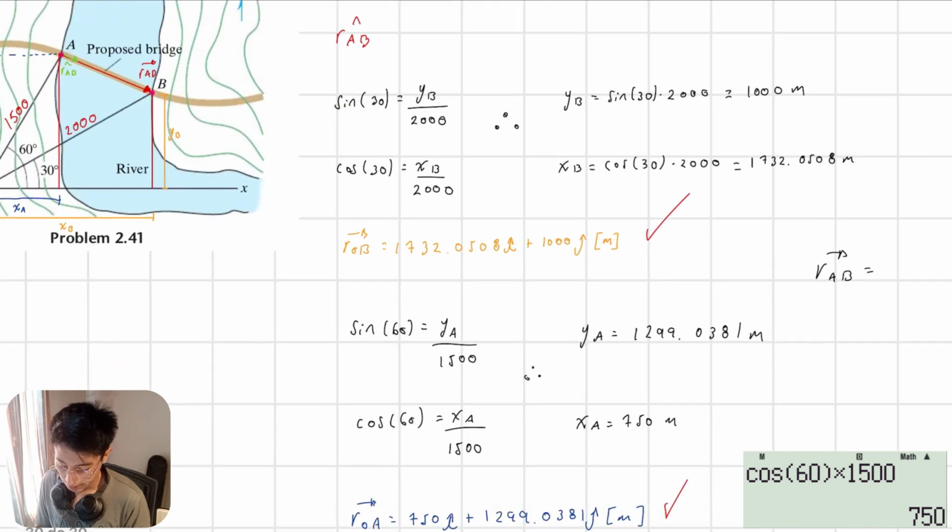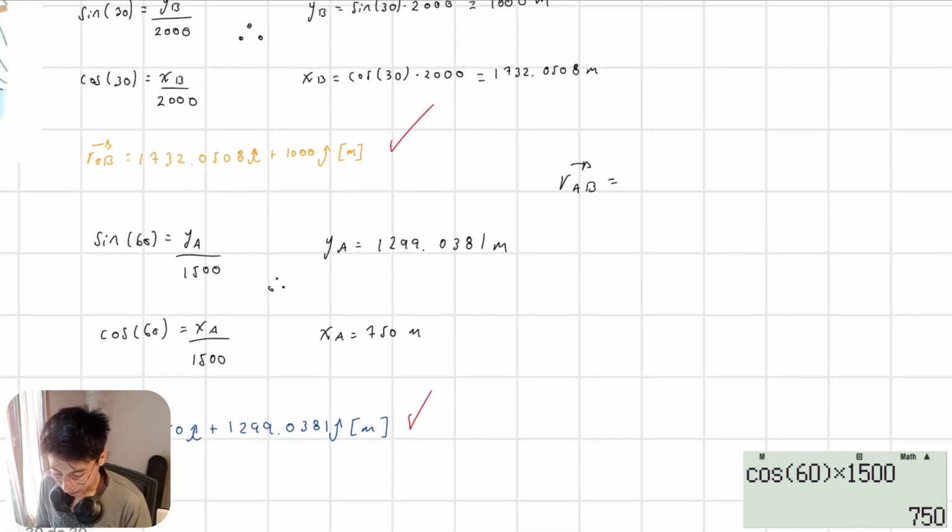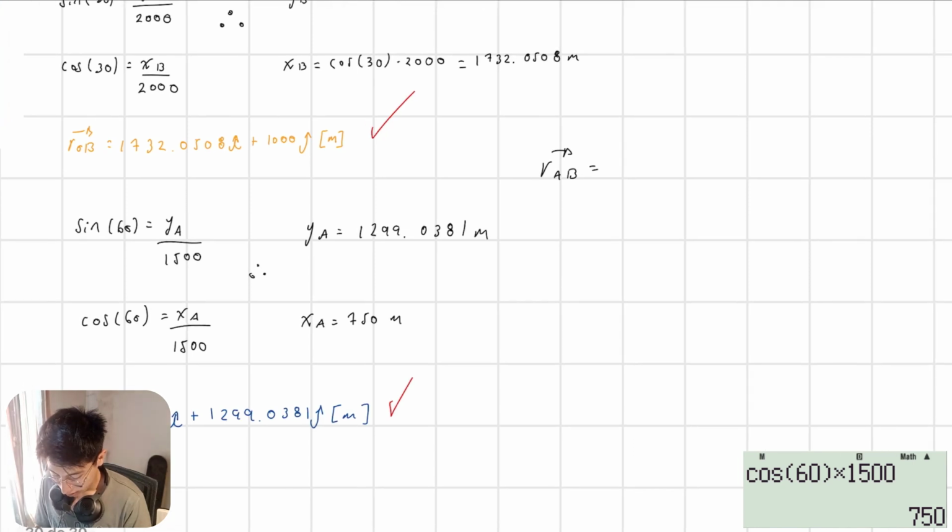All right, now, yep, I think that makes sense, and I am going to explain why in a bit. Now final, which is ROB, minus initial ROA.